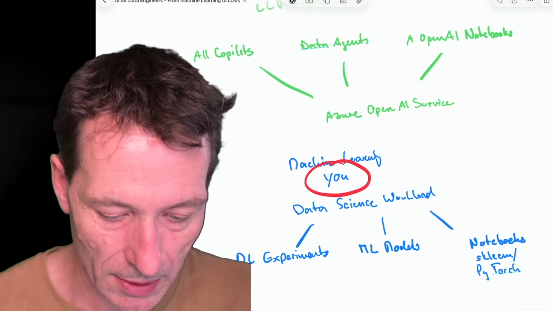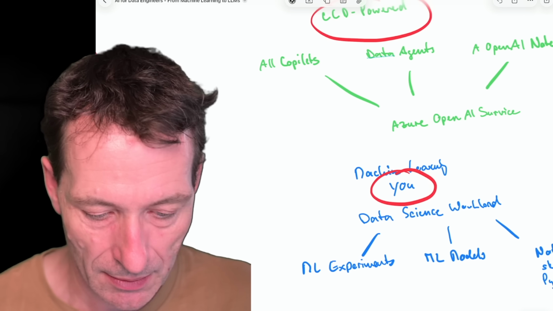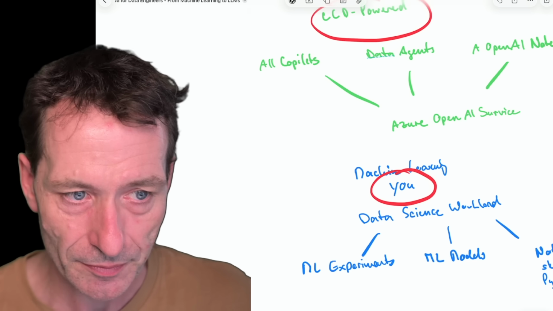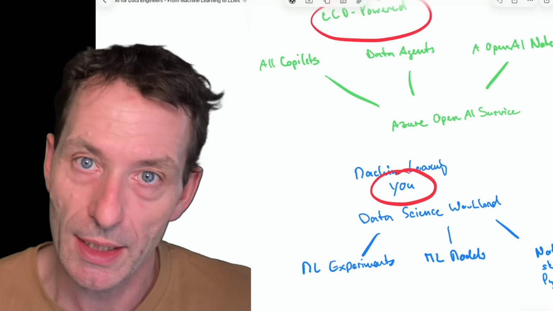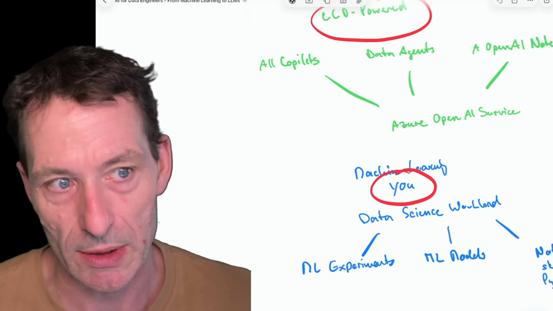So you need to build that, and this is large language model powered. That's the differentiator in Microsoft Fabric. So basically, most of the AI you will most probably use is powered by large language models in Microsoft Fabric.